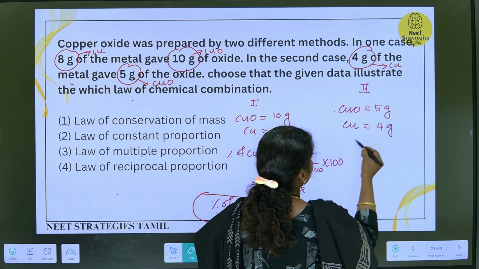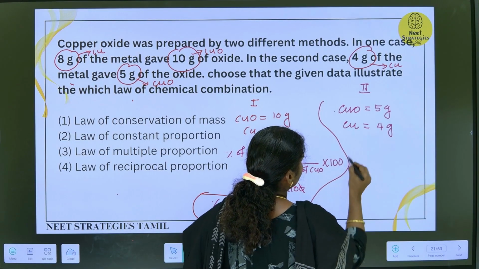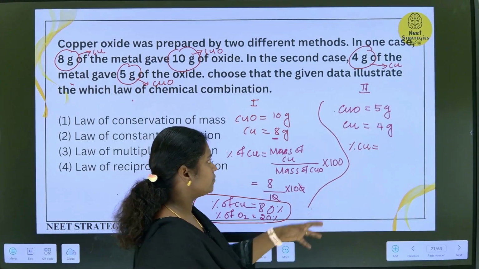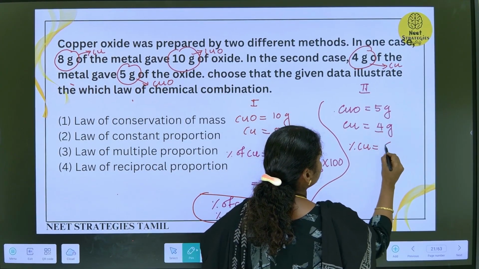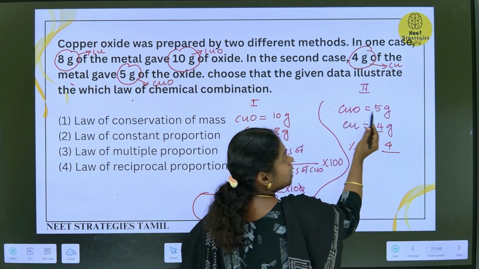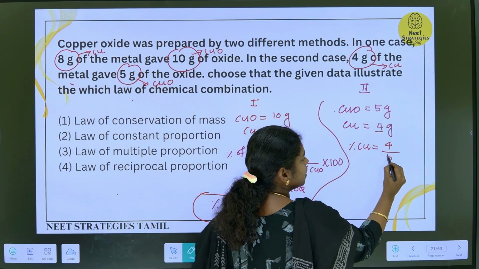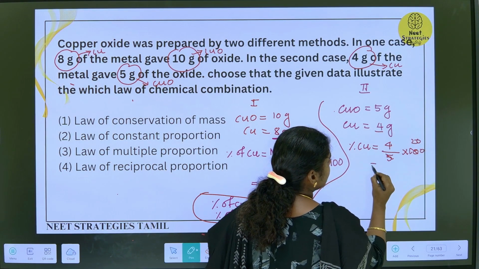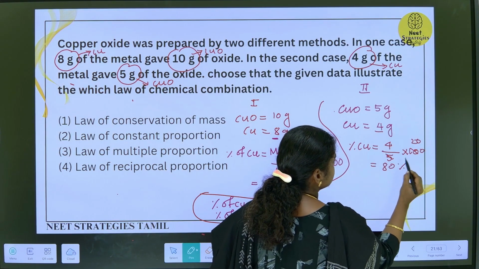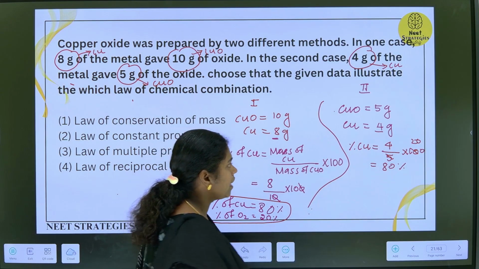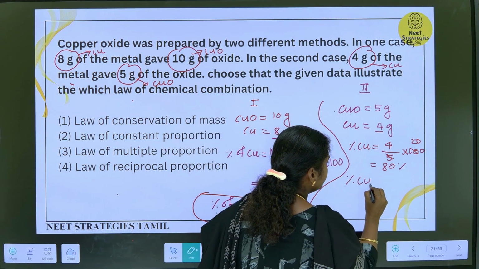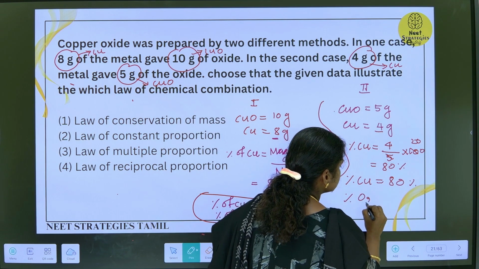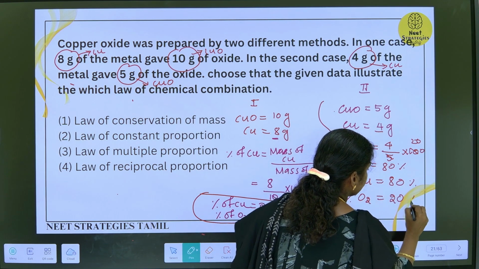Okay, let's check. First the percentage of copper: mass of copper is 4 gram divided by mass of copper oxide 5 gram, into 100. Simplified, we get 80%. So the percentage of copper is 80% and the percentage of oxygen is 20%.